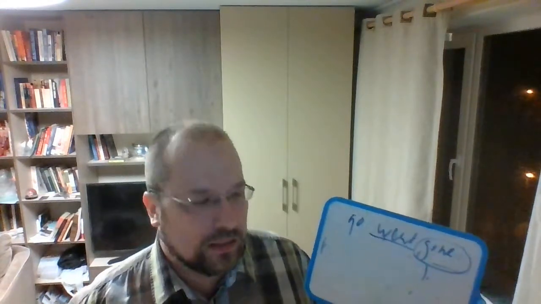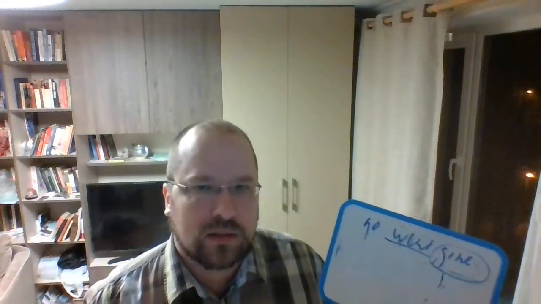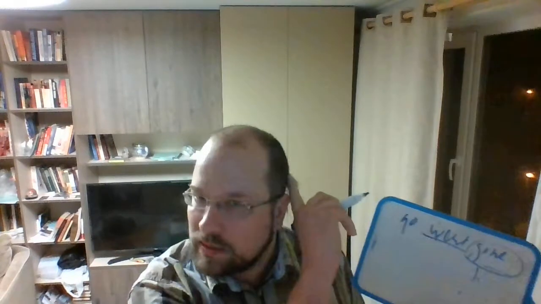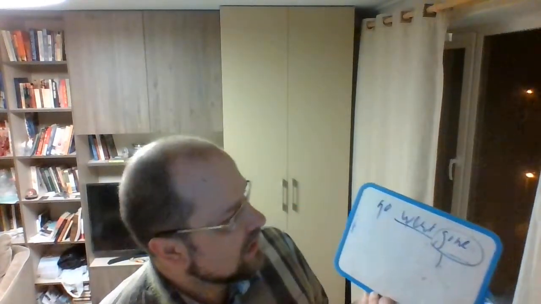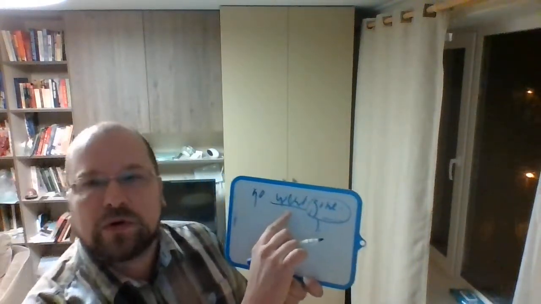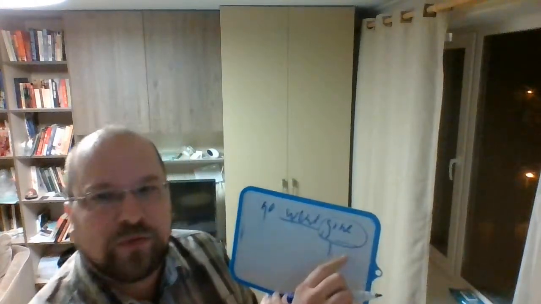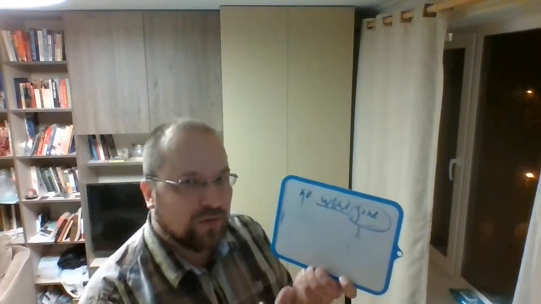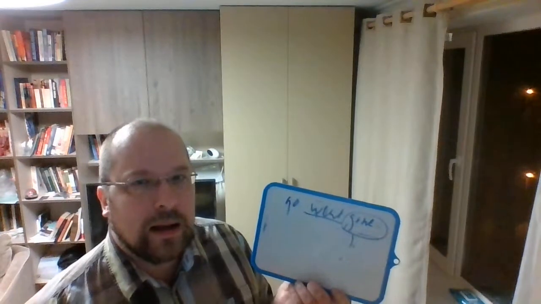Good. Any others? The past perfect. And okay, so let's backtrack a little bit. So we said that we can use went for the simple past, and we can use gone for the present perfect and the past perfect.